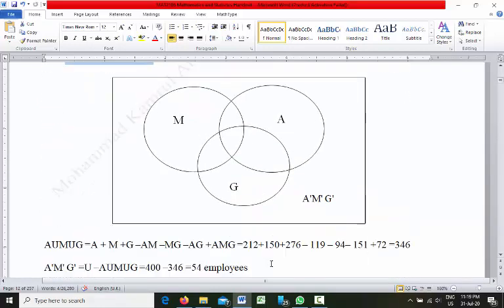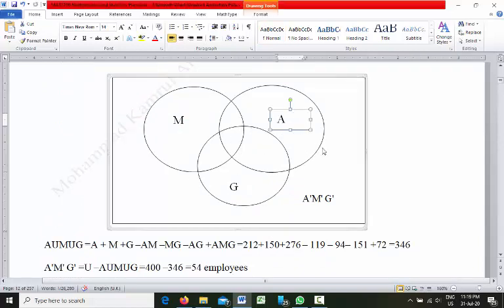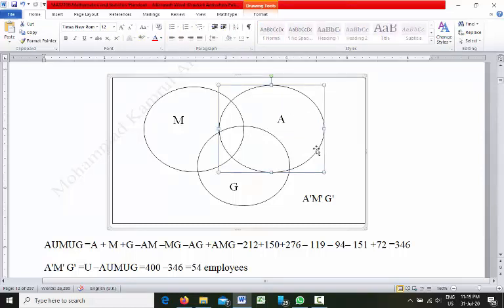Now let us check this. This circle is A, which means married. This circle is M, which is male, and this circle is G, which is graduate.